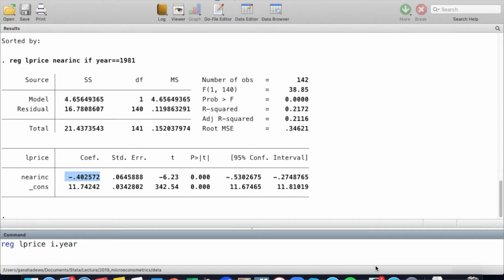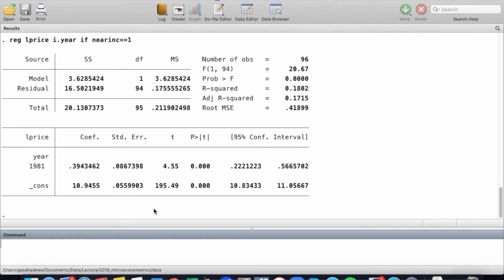The i. here is you telling Stata that the year variable is going to be an indicator variable instead of a continuous variable. We're going to focus just on those who receive the treatment, so it's just houses near the incinerator. It's going to be a regression of log of price on the year variable for those near the incinerator.